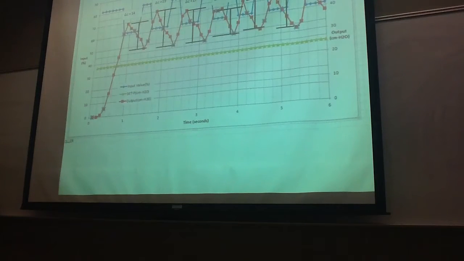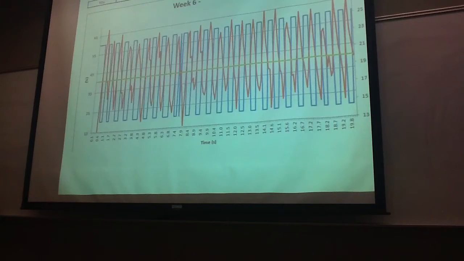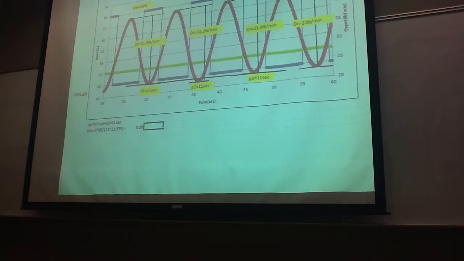Here's another one, pressure system. Another one, don't know what this is. Oh, it's pounds per minute. So it's one of the flow systems. Here's another one. Don't know what system that is. Here's another one. Oh, let me talk about this one.